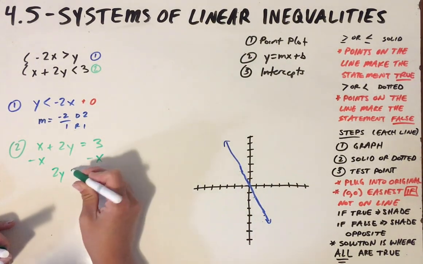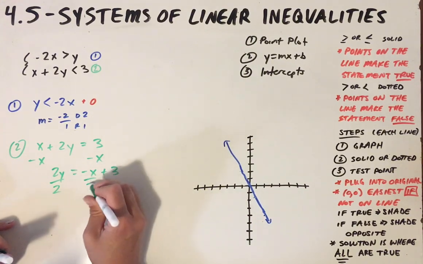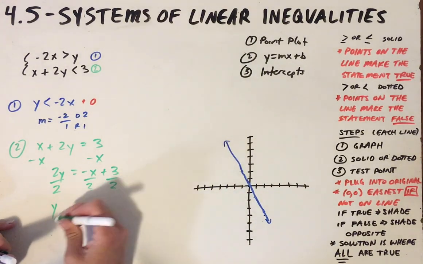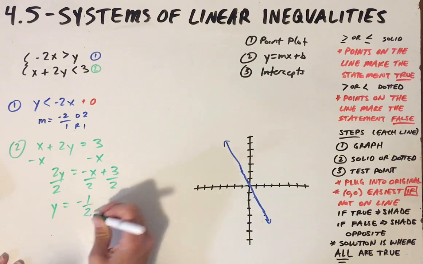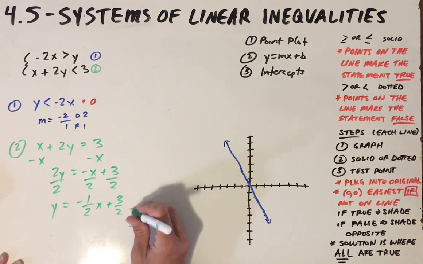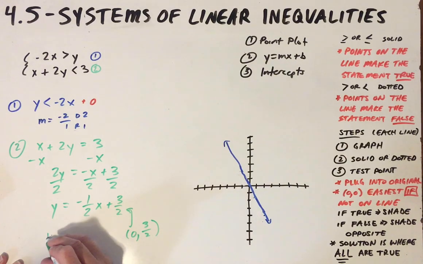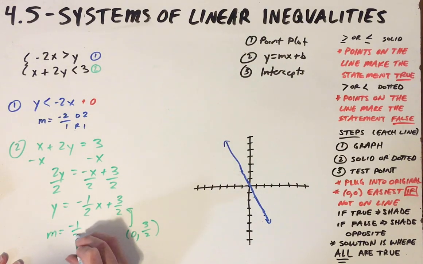I'm going to get 2y is equal to negative x plus 3. When I divide by the 2, we get that y is equal to negative 1/2 x plus 3/2. This means the you are here point where we're starting is at the point 0, 3/2, and my slope is negative 1/2. This means I'm going to go down 1 for every right 2 that I go.